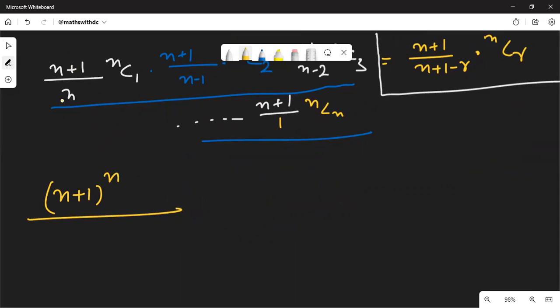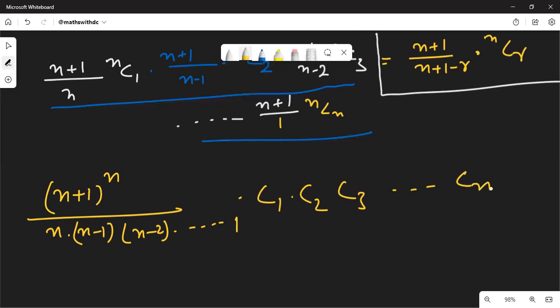In the denominator, what will you have? n times n minus 1 times n minus 2 times, it will continue up to 1. See the last number 1 here. And the numbers there would be nC1, which means we can write C1 times C2 times C3, and it'll go up to Cn. Okay. So, well, I think we almost got the answer.